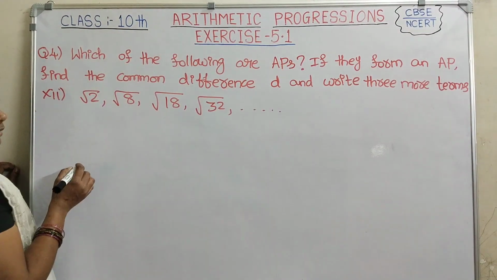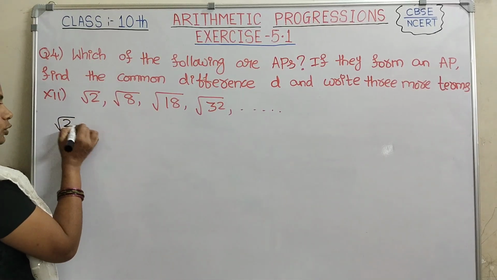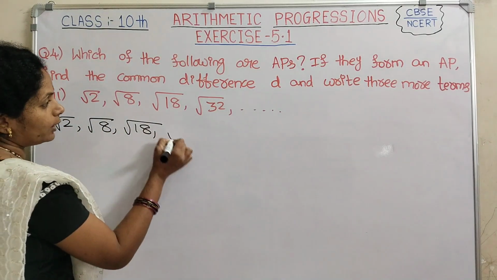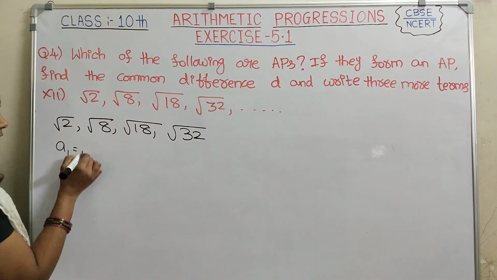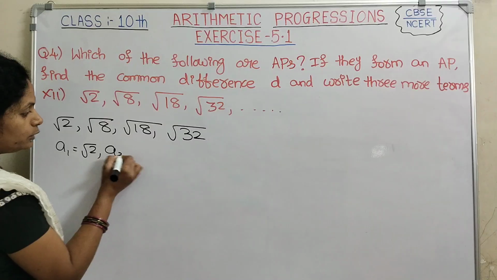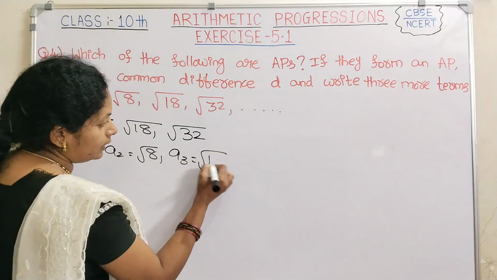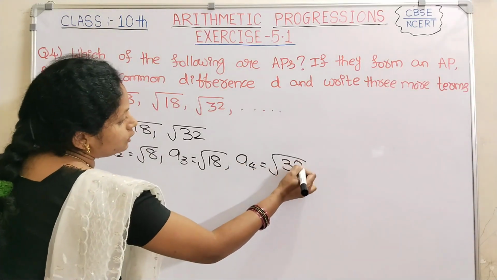The given list of numbers in question number 12 are root 2, root 8, root 18, root of 32. A1 equals root 2, A2 is root 8, A3 is root 18 and A4 is root of 32.